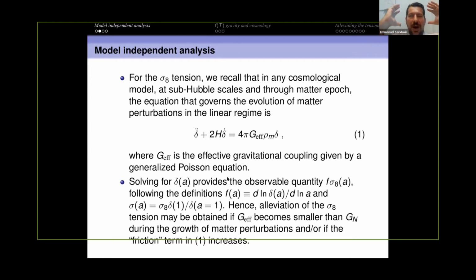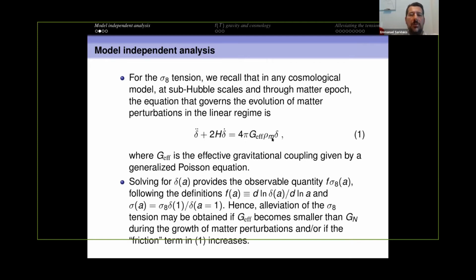Now, qualitatively, what does it mean that we have a problem with the sigma 8? It has to do with the fact that there seems to be less clustering than predicted. So how are we going to solve it qualitatively?